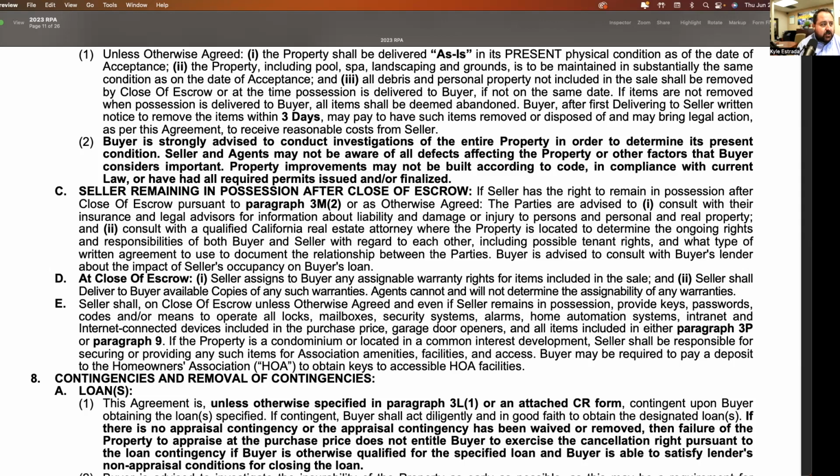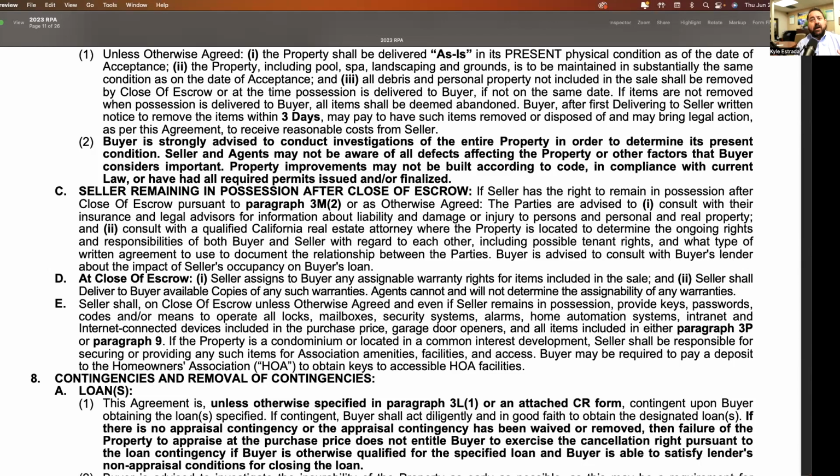At close of escrow, seller assigns to buyer any assignable warranty rights for items included in the sale, and seller shall deliver to buyer available copies of any such warranties. Agents cannot and will not determine the assignability of warranties. So we're not responsible for that.